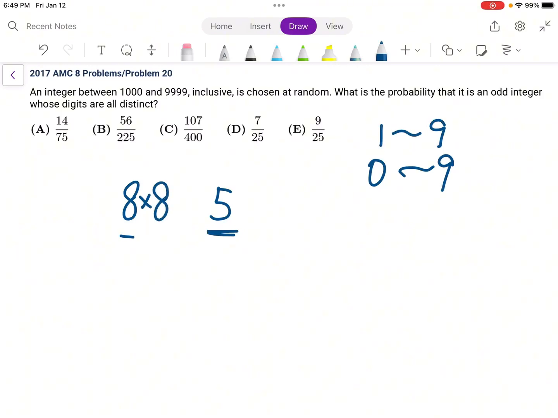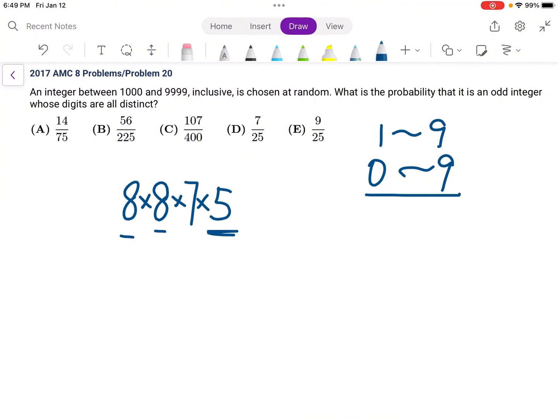That's another 8 choices. And then the next number is also we can choose from 0 to 9, and we subtract the 3 numbers we already chosen, and that's left with 7 choices. Then we multiply 5.